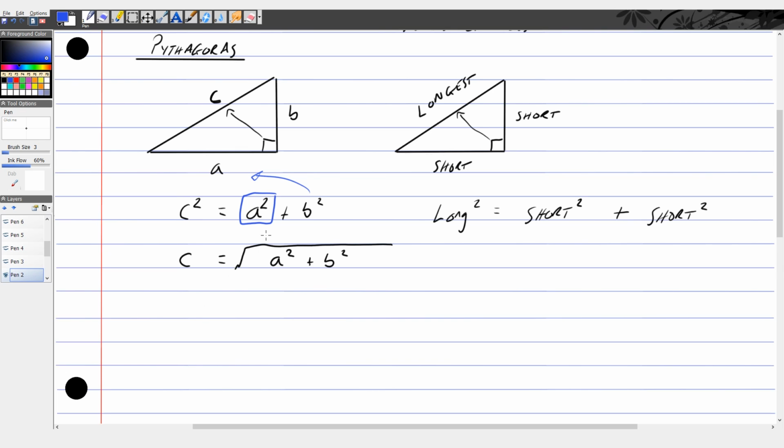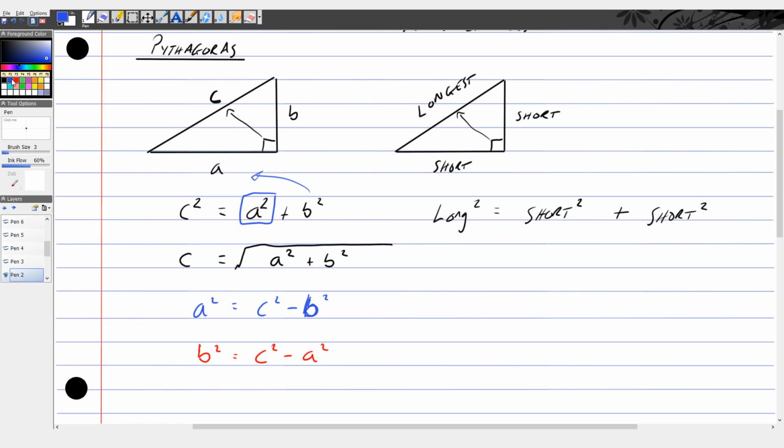So what we'd be left with would be A squared is equal to C squared minus B squared. And similarly, if we wanted to find what B was, well, we've got the B squared term, so we would move the A squared term to the other side and it would become B squared is C squared minus A squared.